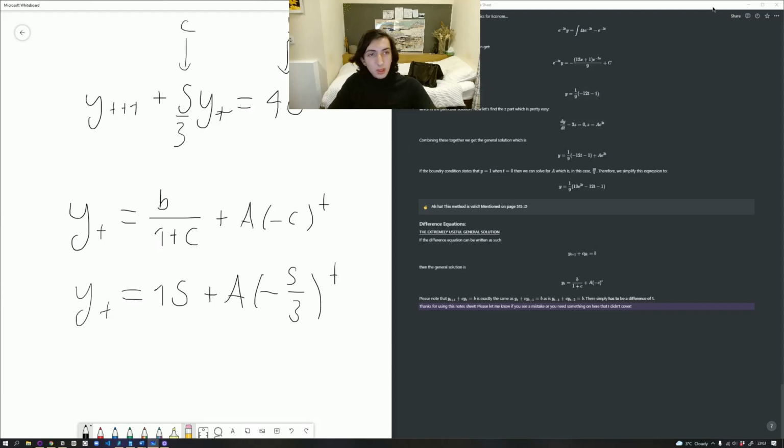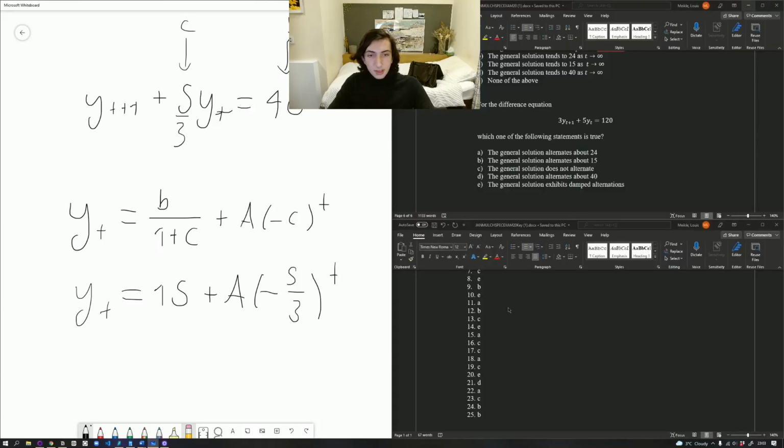Now, what happens in this case? Well, actually, the general solution will alternate around 15. Why? Well, as t increases over time, you're going to get varyingly smaller amounts of this variable over here. Eventually it will hit the solution, but it's going to essentially go around there until it gets there. This is essentially a difference equation. It bounces around the solution until it gets to it.